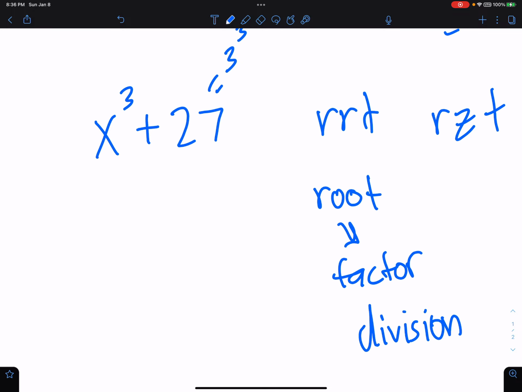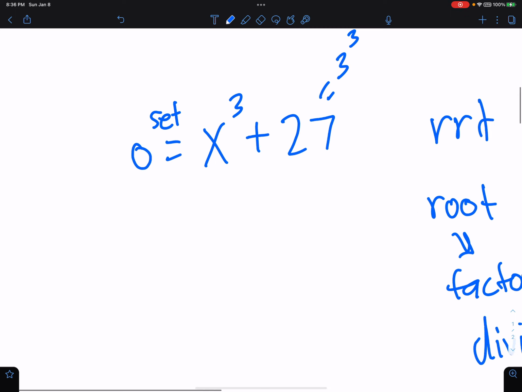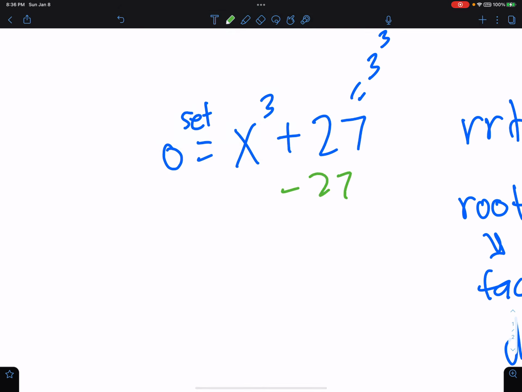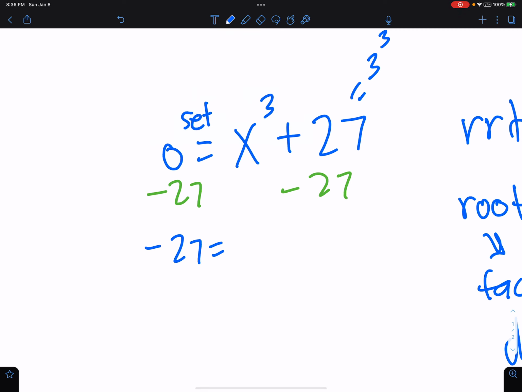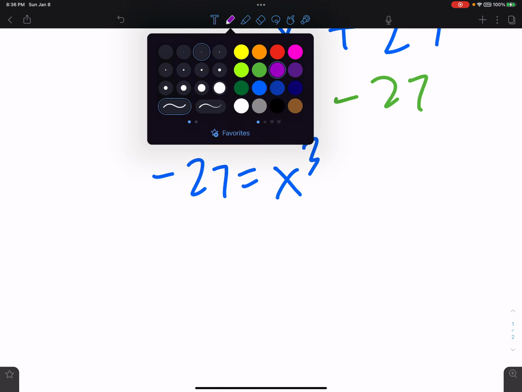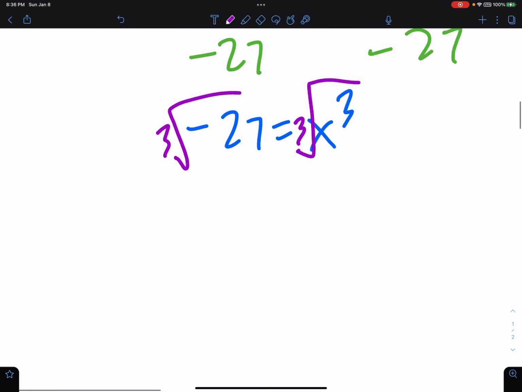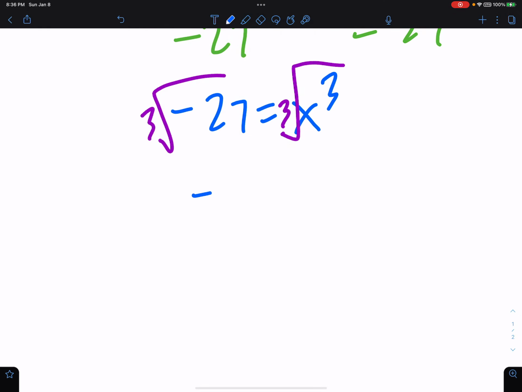So here I'm going to set this equal to 0 so that I can solve. I'm going to subtract 27 on both sides, and then I get negative 27 equals x cubed, and then I'm just going to take the cube root on both sides to get that negative 3 is equal to x, right?